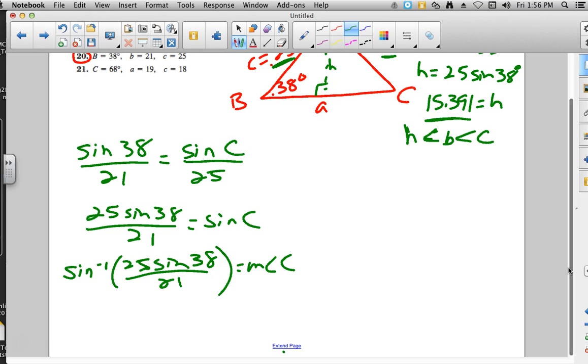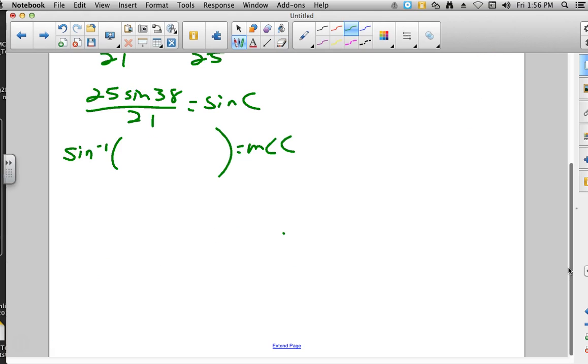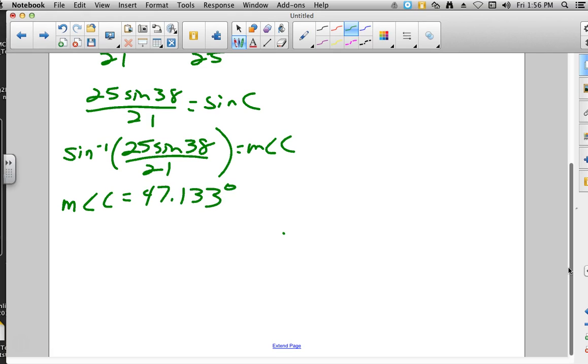So we would punch in 25 sine of 38 degrees over 21, and that is not the most readable thing I've ever written. There we go. And the measure of angle C will come out to be 47.133 degrees.